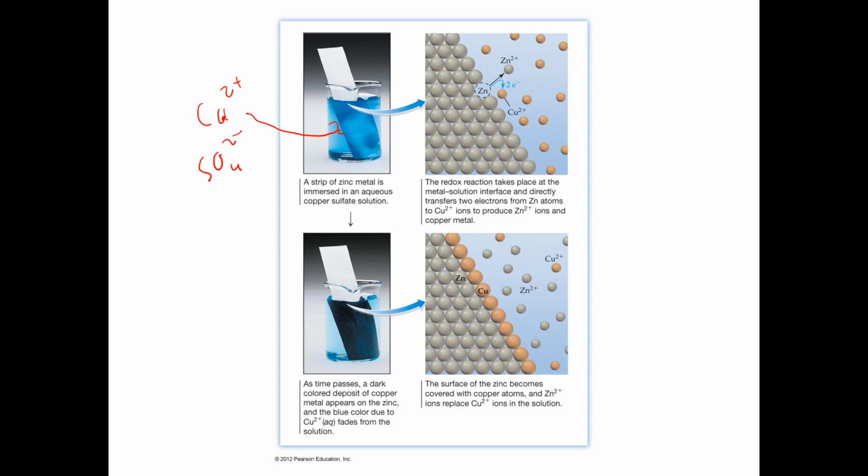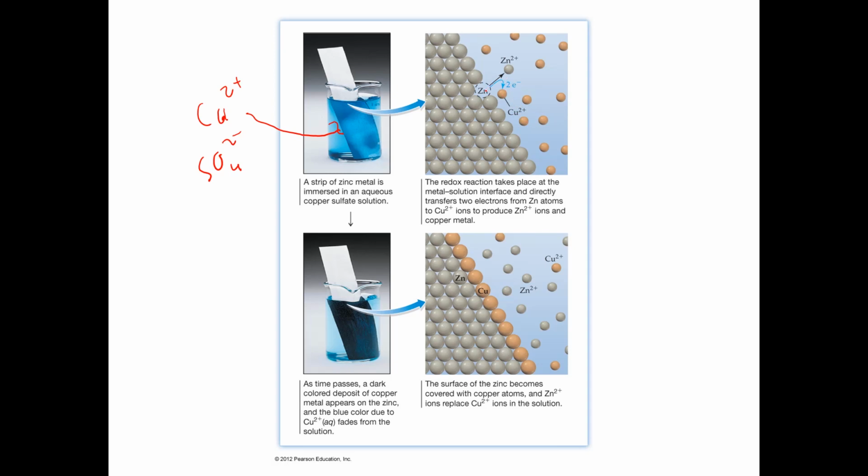So if we looked at this on a microscopic scale, we have our little zinc ions here. So the zinc atoms that are on the surface of this come into contact with copper ions in solution, and what happens is occasionally some of these copper ions transfer some electrons.